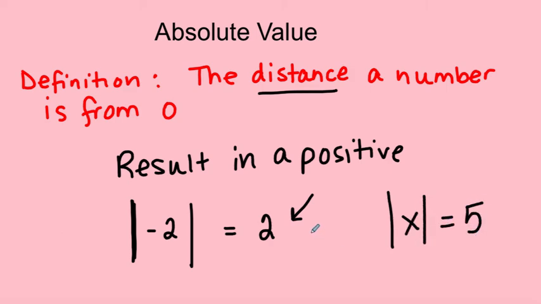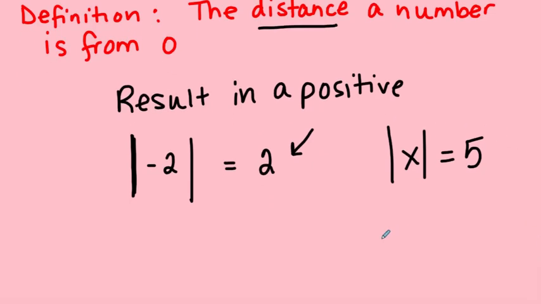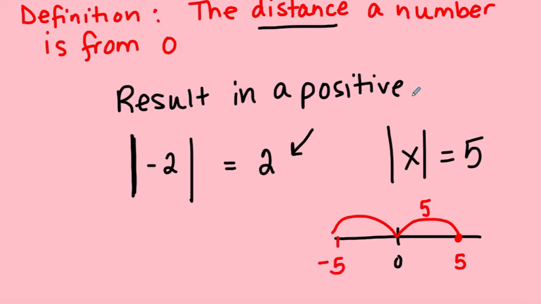That is actually asking me what number is 5 units away from 0. Okay, so here's 0. What number is 5 units away? Well, it's hard to determine. I could go 5 units this way and be at the number 5, or I could go 5 units this way and be at -5. So in this case, my x could equal 5 or -5.